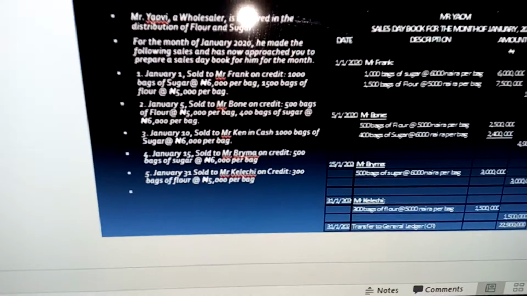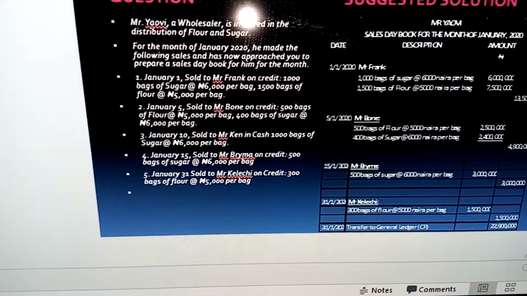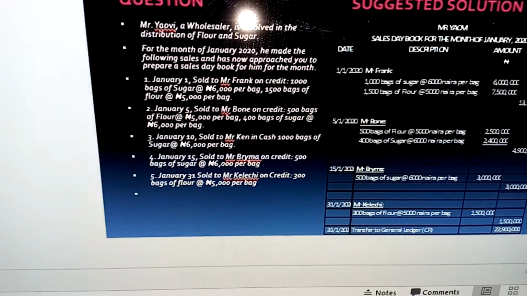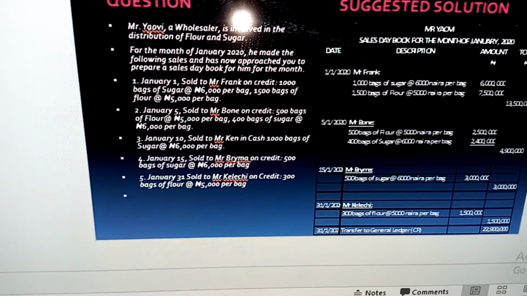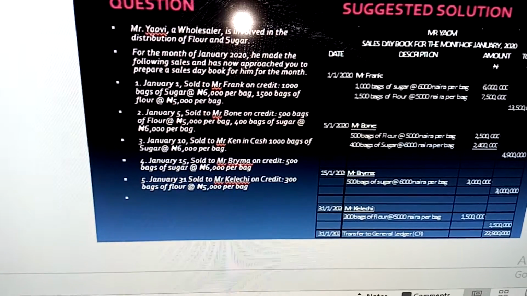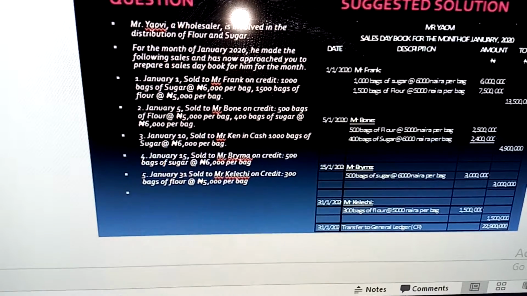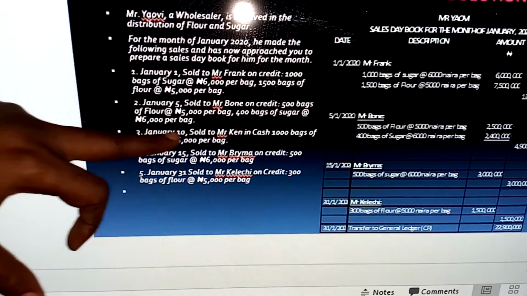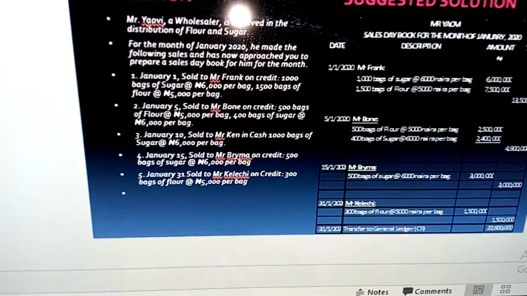Now, this is where the test is. Recall, we said the sales day book is for recording specific transaction. And that specific transaction is credit sales. But this is saying that he sold in cash.